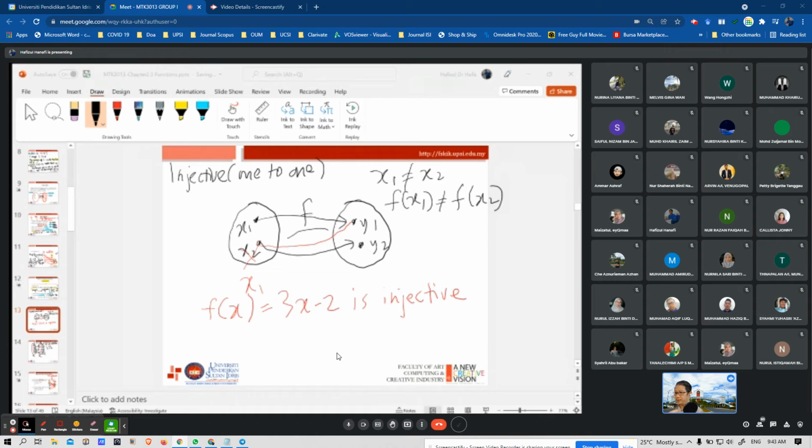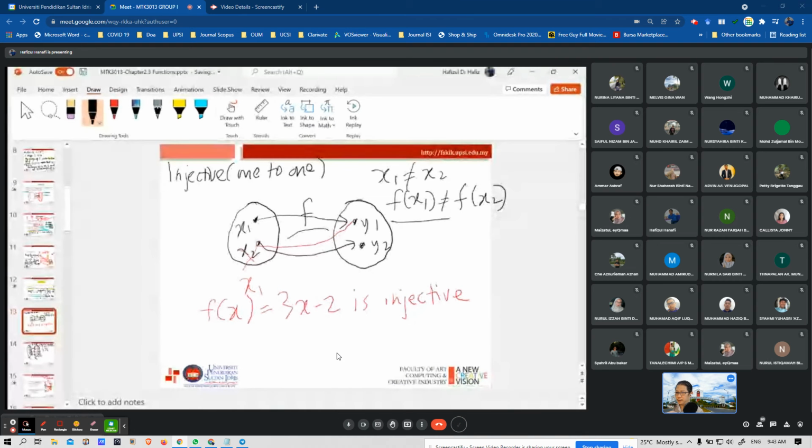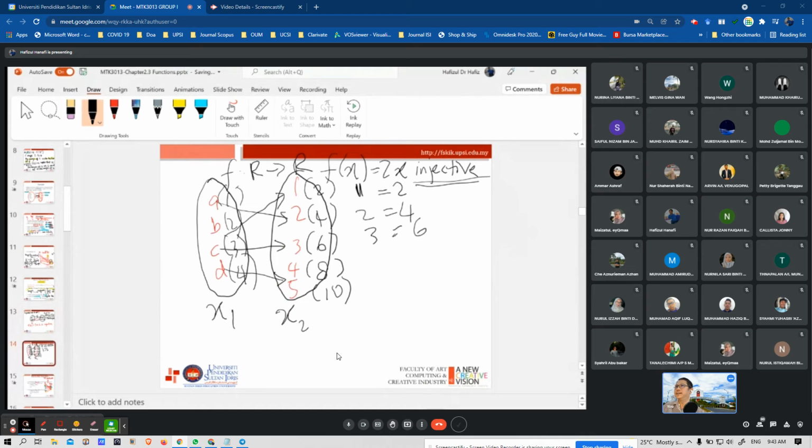To prove this one is the contrapositive. This one is injective. Injective, we map at least one element.